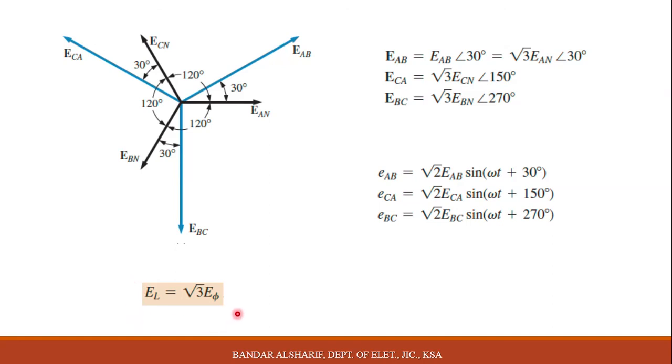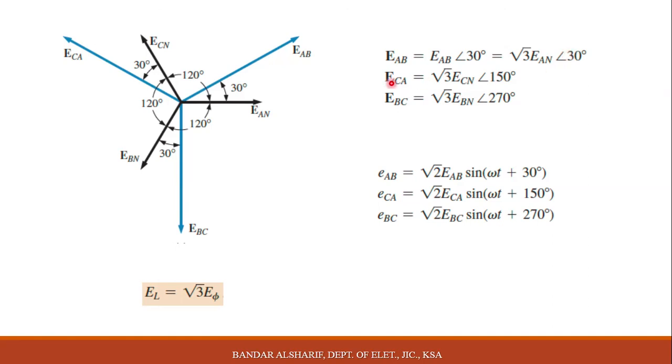Okay, now if we need to add this information together, we can write the formula here, which is called EAB, the line voltage, equal to root 3 EAN, as we said, as a magnitude value, and the shift between them is 30 degrees.